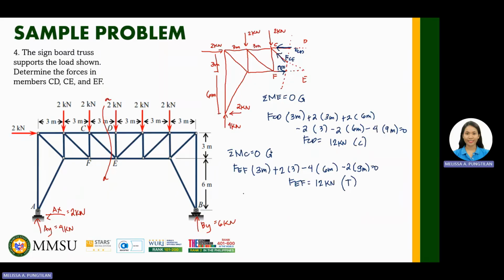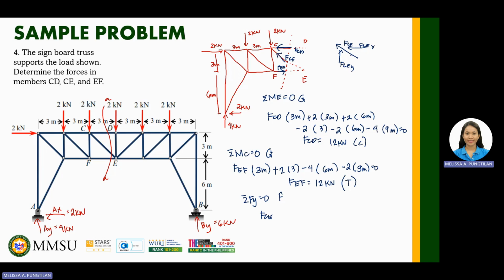They are both horizontal na. So, summation of forces of Y is equal to 0 upward, positive. So, we have FCE. Ito, FCE. Kukunin natin yung kanyang Y component. Okay. So, yung FCE natin yan, di ba? So, meron siyang Y component. Tawagin natin FCE Y, tsaka X component na FCE X.